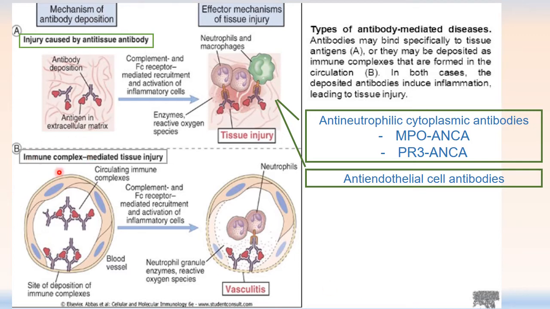Now, in immune complex mediated tissue injury in vasculitis, this is resulting from circulating immune complexes that deposit along the vascular walls. And as they deposit, they will activate complement and generate a neutrophilic response, which will cause local tissue damage. So that's another mechanism by which vasculitis may occur.